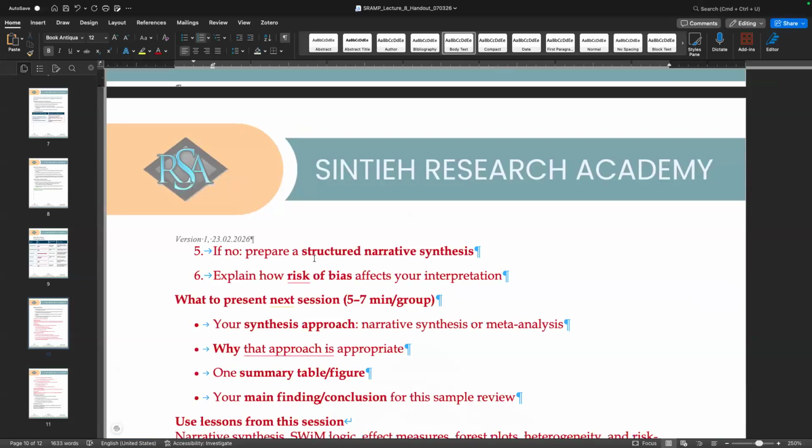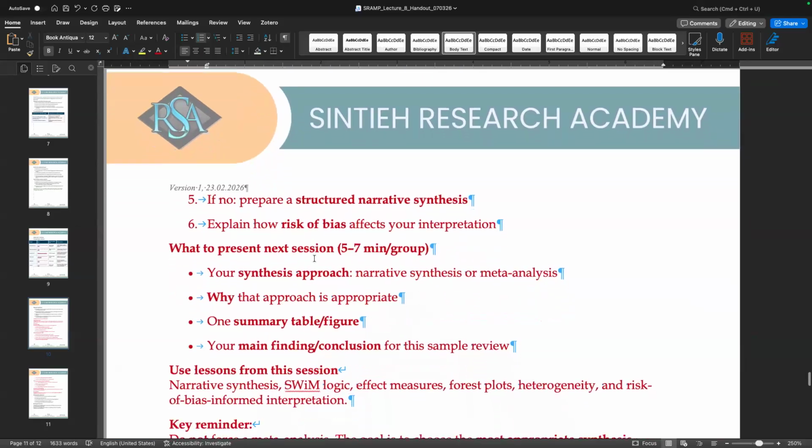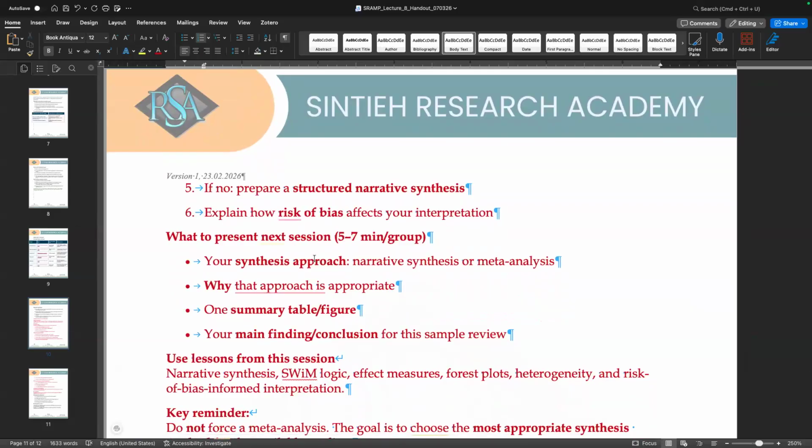continue with a structured narrative synthesis, and explain how risk of bias affects your interpretation. You will present next session in 5 to 7 minutes per group: your synthesis approach, whether narrative or meta-analysis, why that approach is appropriate, one summary table, and your main finding and conclusion for this sample review.